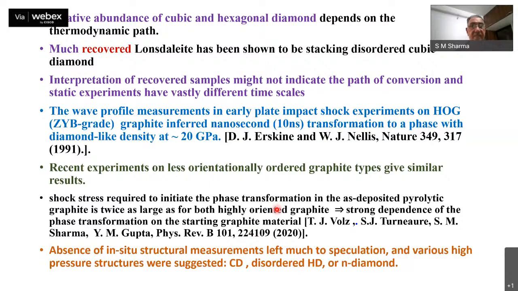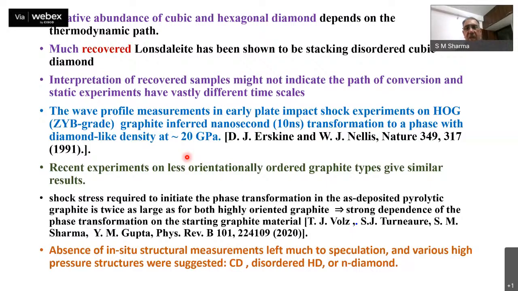Recall that I said that the relative abundance, for example, depended on the path taken. Static pressure, diamond is made by putting the material under static compression of several tens of GPa for days together at elevated temperatures. While I mentioned that the shock experiments will be over in a matter of a few microseconds.